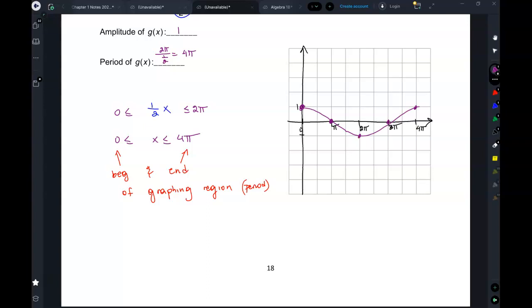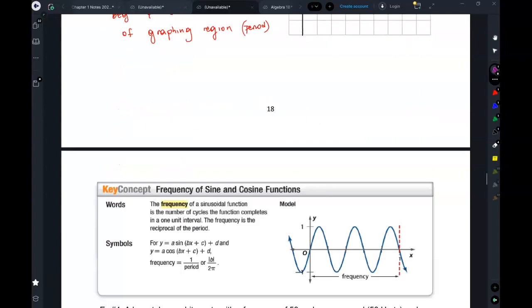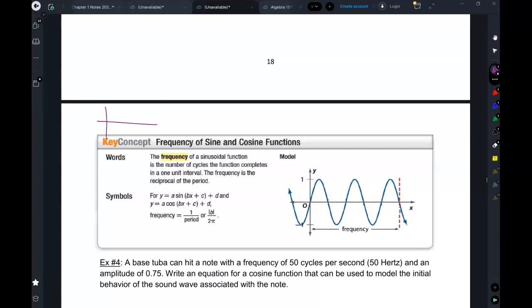That's frequency. If you have a wave that looks like this, in 1 second you'll have however many waves pass by you. But if you have a wave that looks like this, in 1 second you're going to have more waves passing by you. So that's frequency.